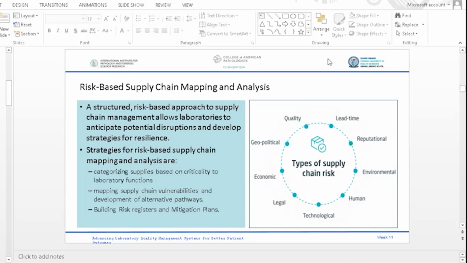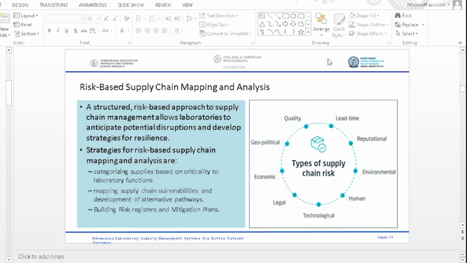Now you begin to look for alternative pathways in those areas that you're experiencing challenges in the supply chain. And also you look at these other options and see if by using them you could maintain your service and ensure the continuity of service without interruption.